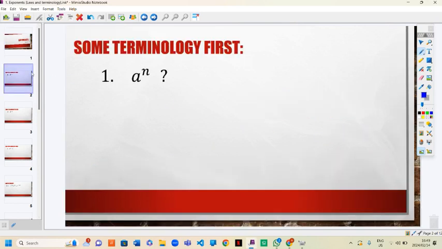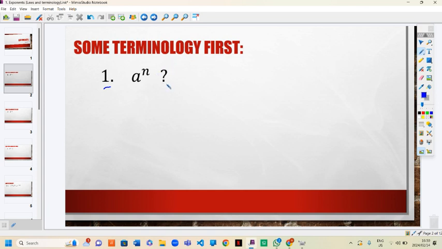Firstly, some terminology that I would like to teach you guys first. Number one. What does this mean? What is a to the power of n? Can you see that a is bigger than this n over here? What does it mean if something's to the power of something, or has an exponent, or has an indice?